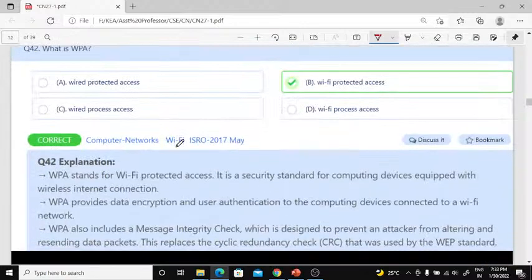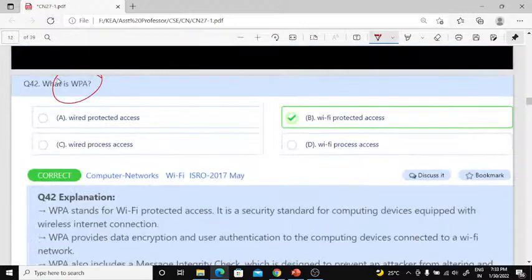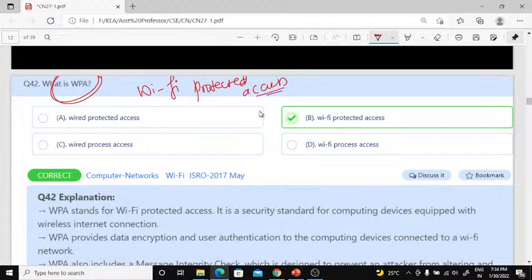Then what is the WPA? WPA stands for Wi-Fi Protected Access.